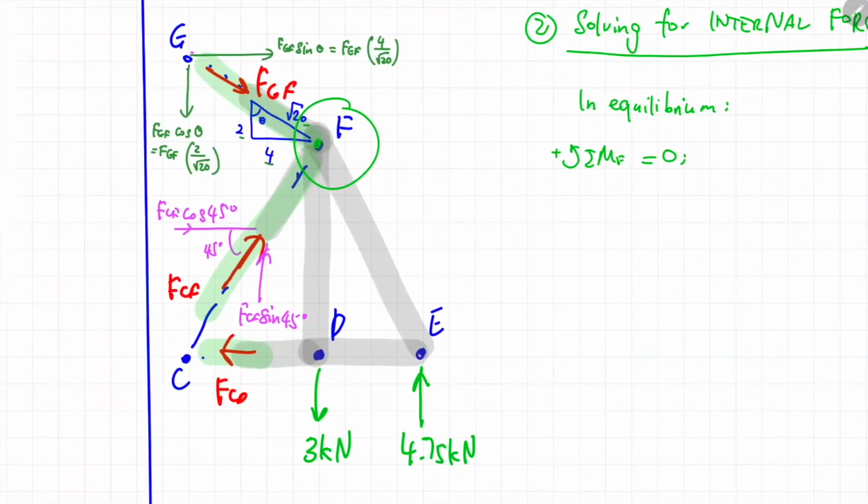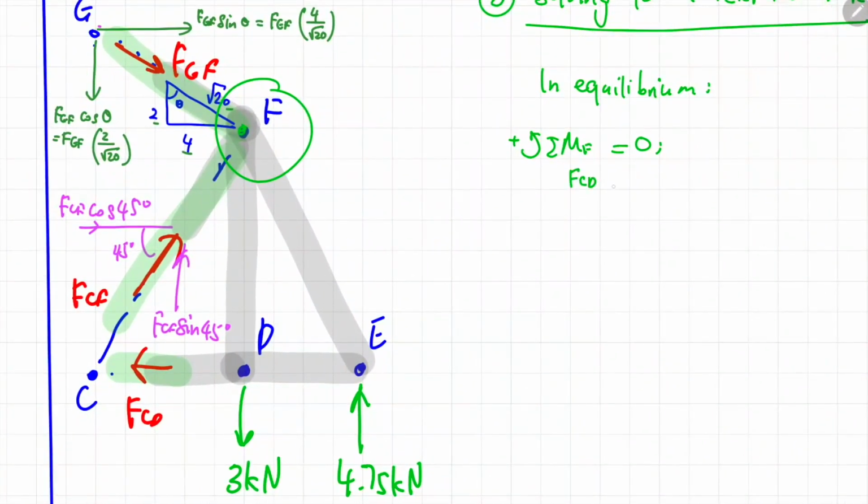Of course, there are moments produced by FCD. The magnitude of force FCD is unknown, and the perpendicular distance from the line of force to the rotation point F will be 4 meter. If you draw an imaginary circle around rotation point F, you will get the direction of FCD to be clockwise, so it becomes negative.